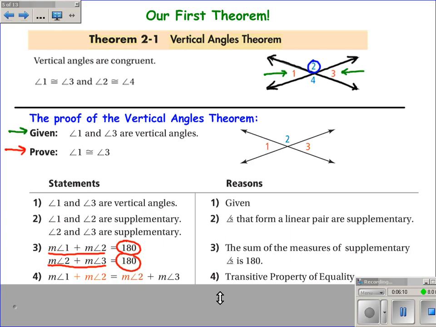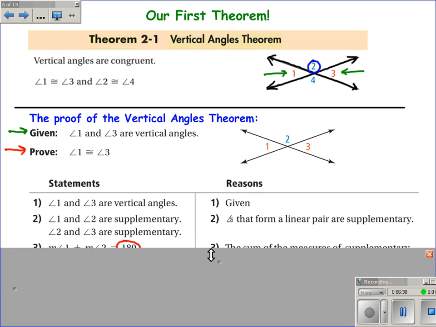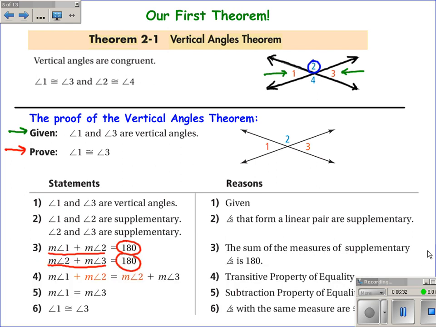Okay, and the measure of angle 2 is just a number, and so I can use the subtraction property of equality to subtract what the measure of angle 2 is, and I'm left with the measure of angle 1 is equal to the measure of angle 3, and that's what it means for angles to be congruent, is that the measures are equal.